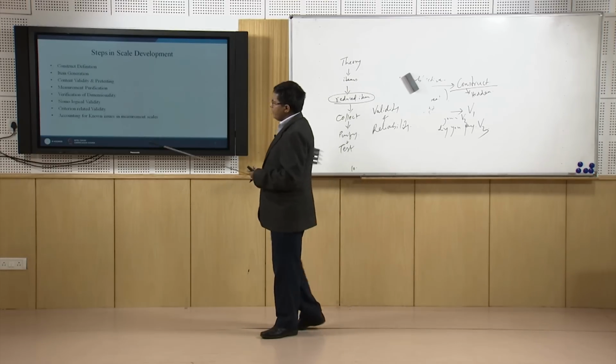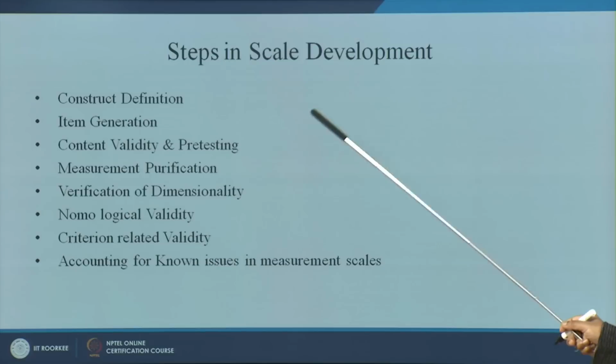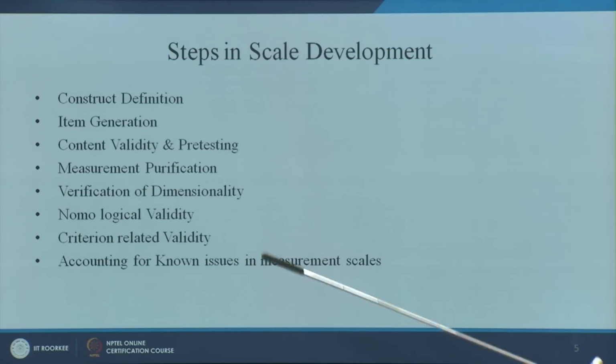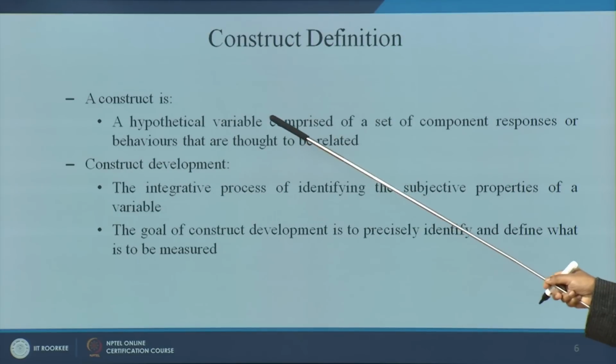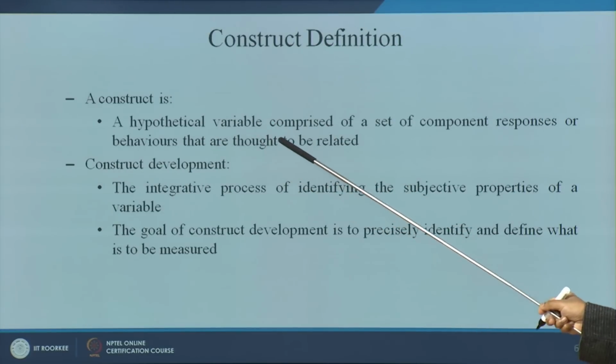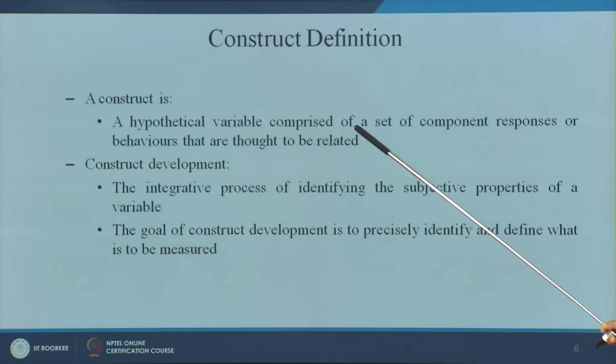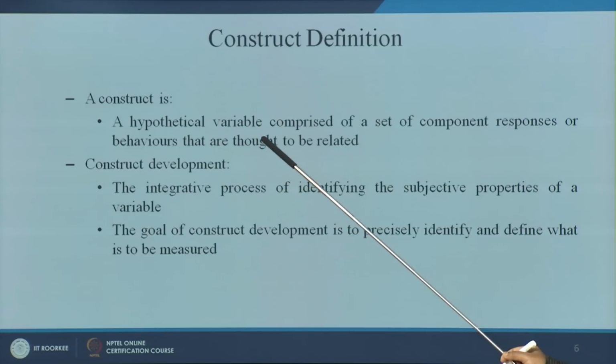So let us see, there are different steps in the scale development, we just spoke about it. Now construct has been defined here as a hypothetical variable comprised of a set of component responses or behaviors that are thought to be related.